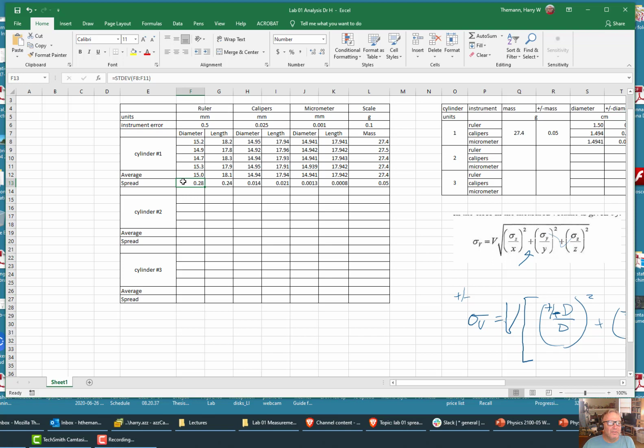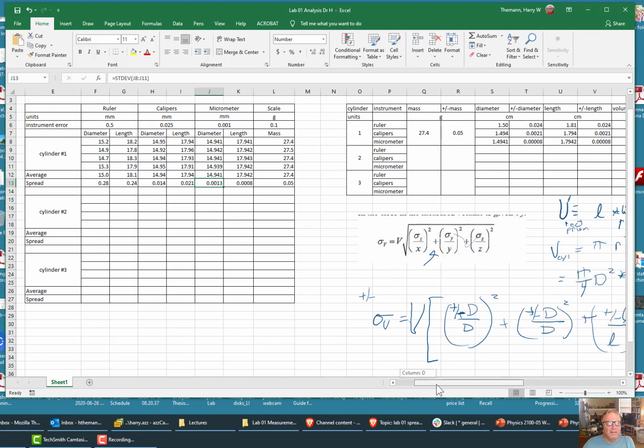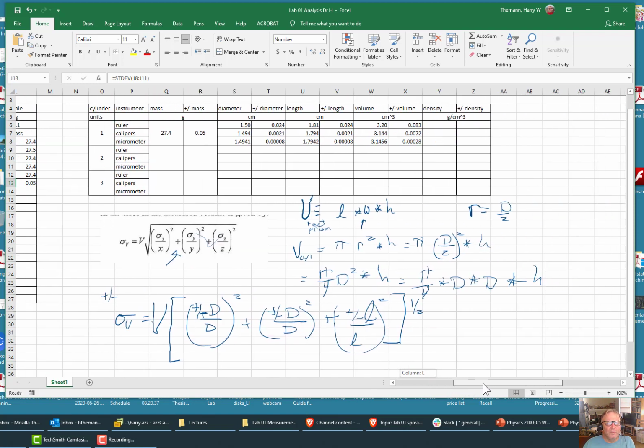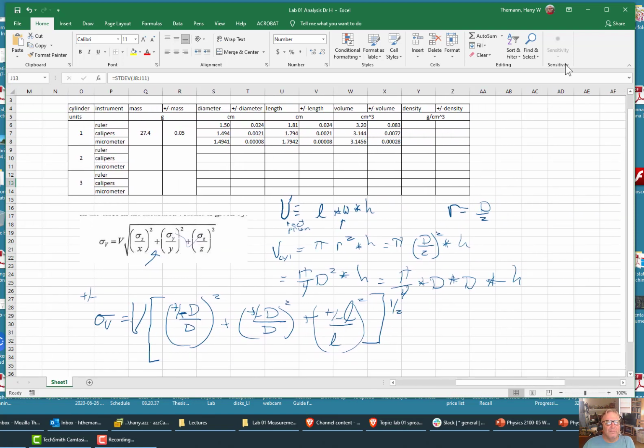And we're just going to make the simple rule that where there was 1 decimal place here, we get an extra one when we average. So we get an extra one here across the line. Very simple formulation. It's not exactly correct, but it's very close to being correct and good enough for Physics 1100.